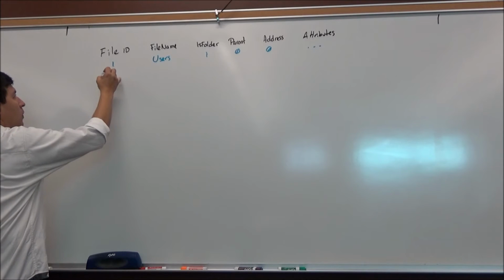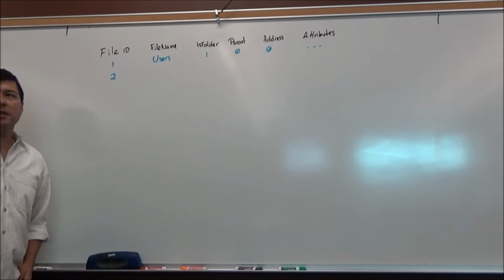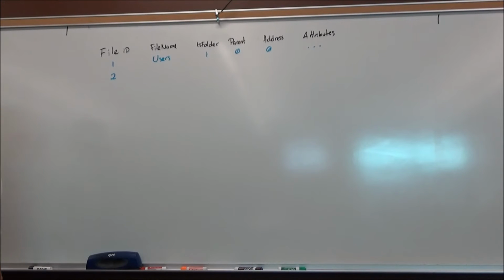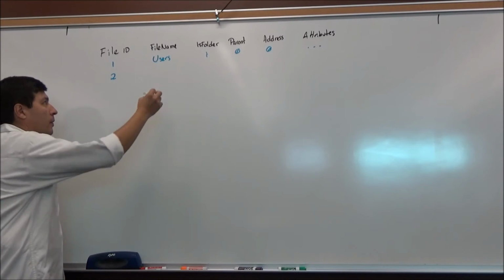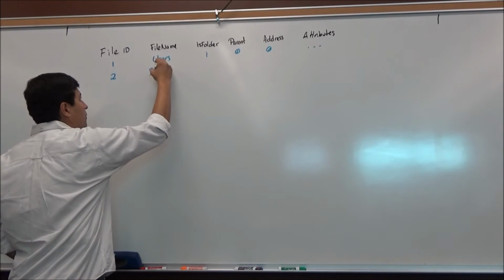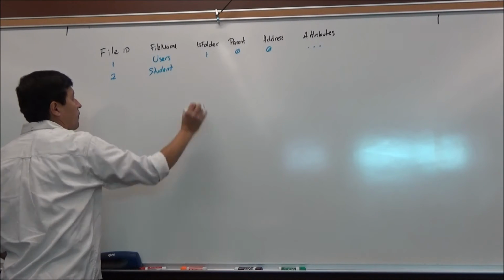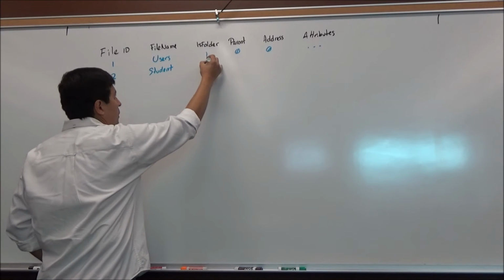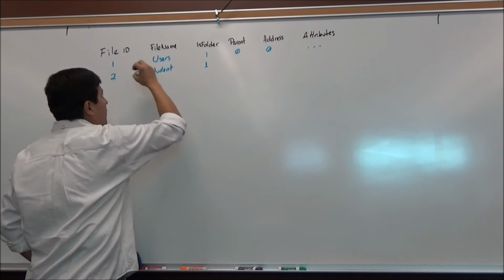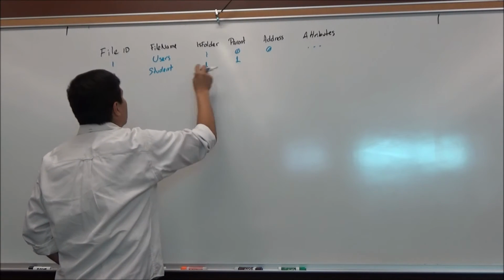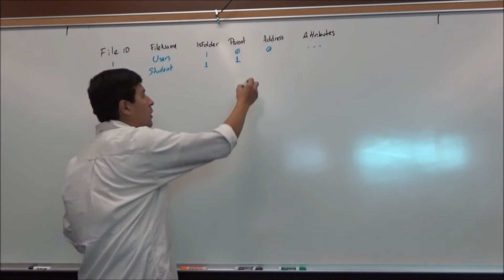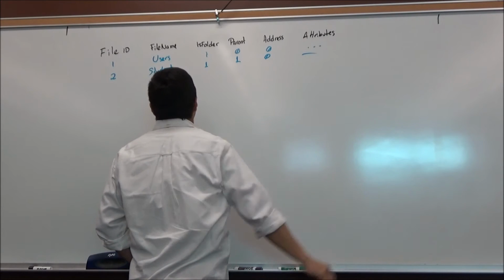And then under the users, there's another folder. That's your user ID. So I'm gonna call that student just for the example. And it is a folder. And the parent is actually 1. It's that one. No address and whatever.